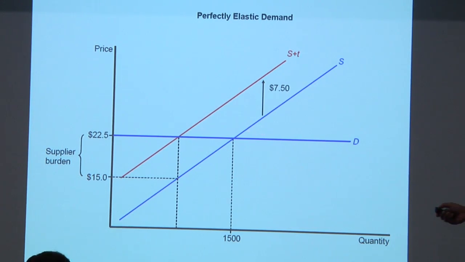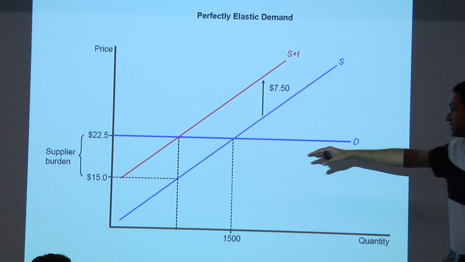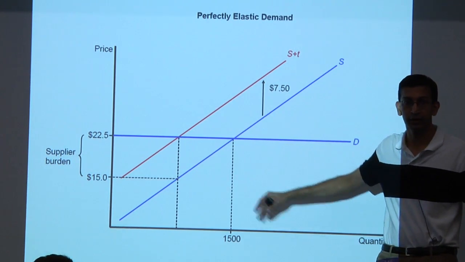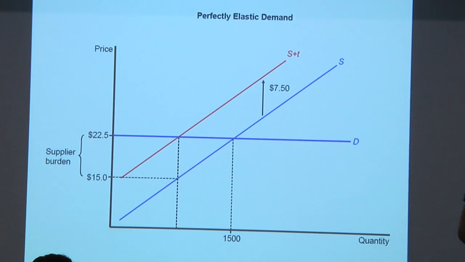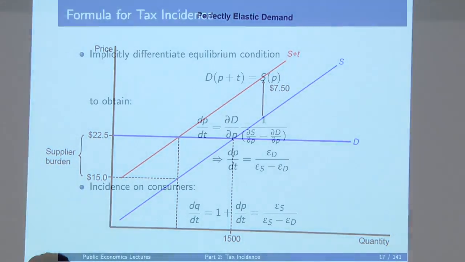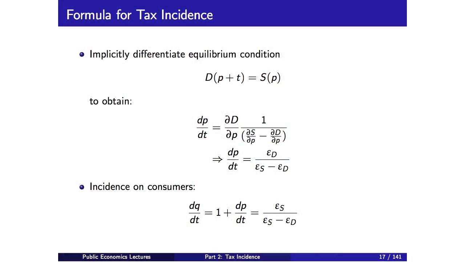And so as a result, when demand is perfectly elastic, the incidence of the tax falls entirely on the supplier. That is, the supplier has to cut the price by an amount equivalent to the tax. Okay, and then you can think about the intermediate cases. What does this illustrate? The more elastic factor is going to end up bearing less of the incidence of a tax. And that's a general principle that we will see in many applications.